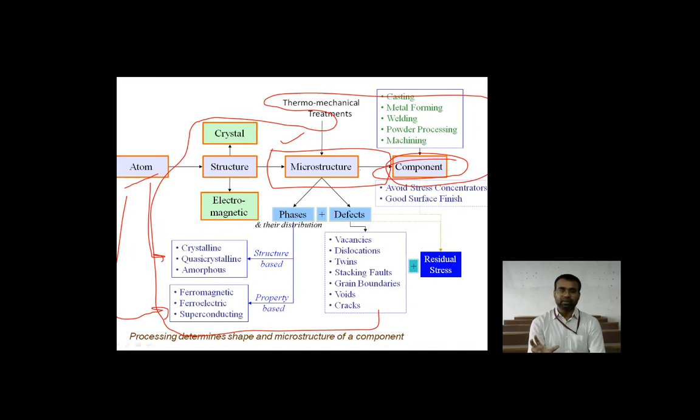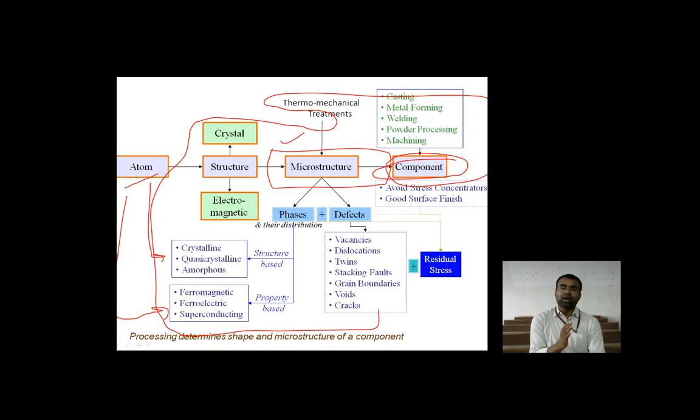If we disturb this structure, we alter the property of the material. So we need to take care during the making of any component that we do not harm or change the original arrangement of the microstructure.